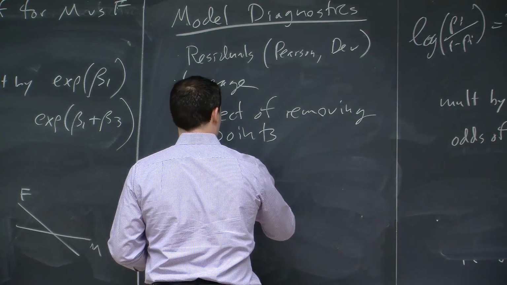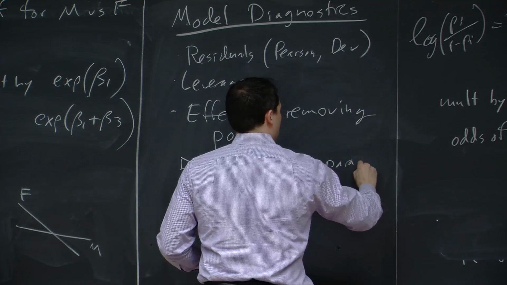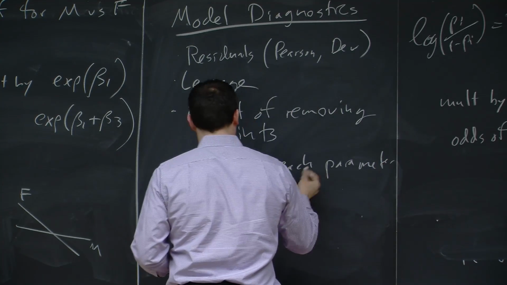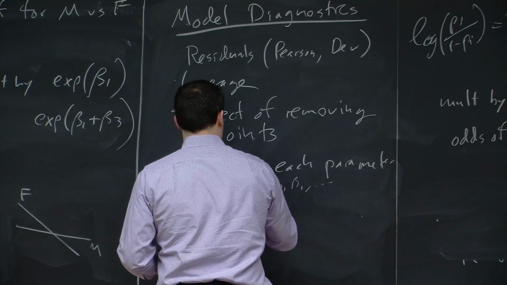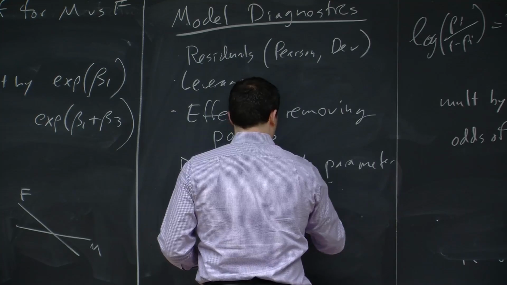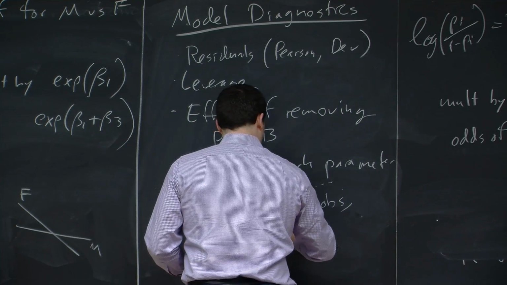This says for each parameter, there are a lot of these, beta naught, beta 1, and so on, for each observation, how does the parameter change?